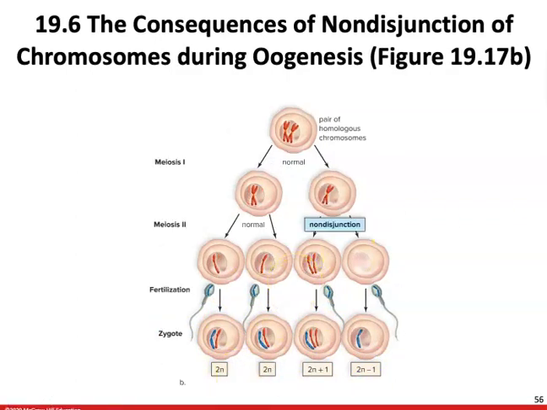This can also occur during several stages. Here we have oogenesis. If we have a nondisjunction during oogenesis, we can end up with, here we have a normal meiosis 1. We have our homologous pair of chromosomes. They separated correctly.